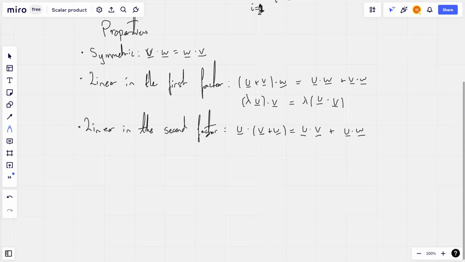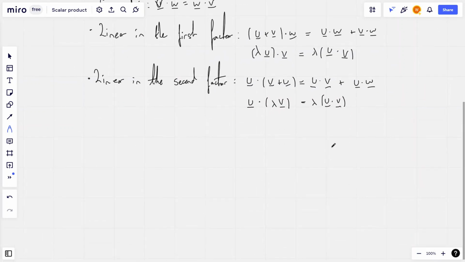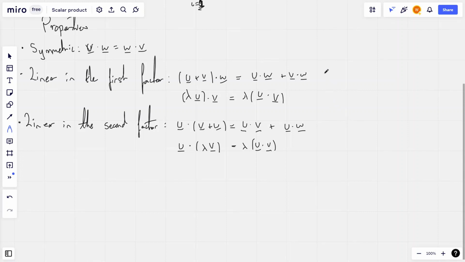Okay, nice. And then we also have, if we have a vector dotted with some real number lambda multiplied by our v, this is still equal to lambda u dot v. And together these two properties mean that it is bilinear.